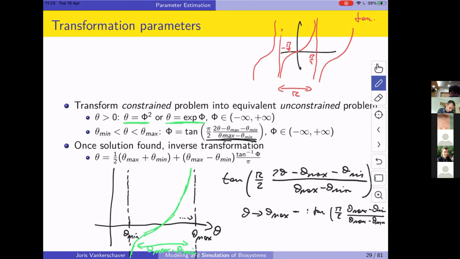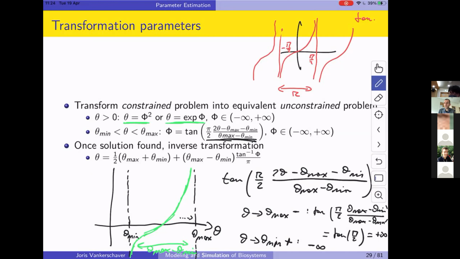In other words, tan of pi over 2, and that's going to give you plus infinity. Likewise, if you let theta go to theta min from the positive side, your function will tend to minus infinity. So this gives you the right prescription for a function that reaches minus infinity as theta goes to theta min and plus infinity as theta goes to theta max.